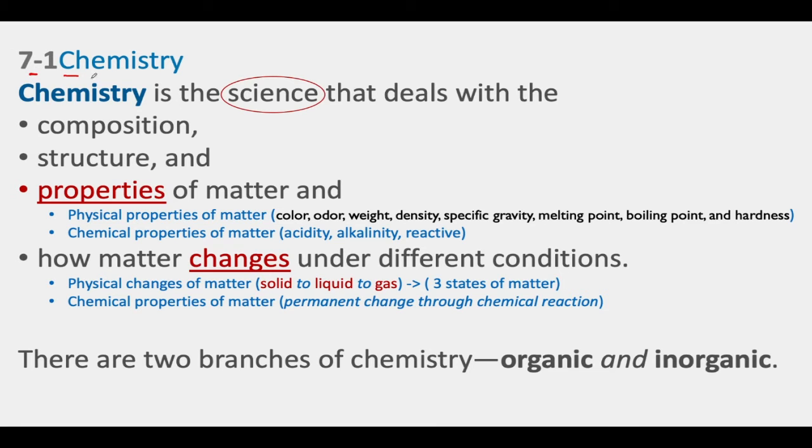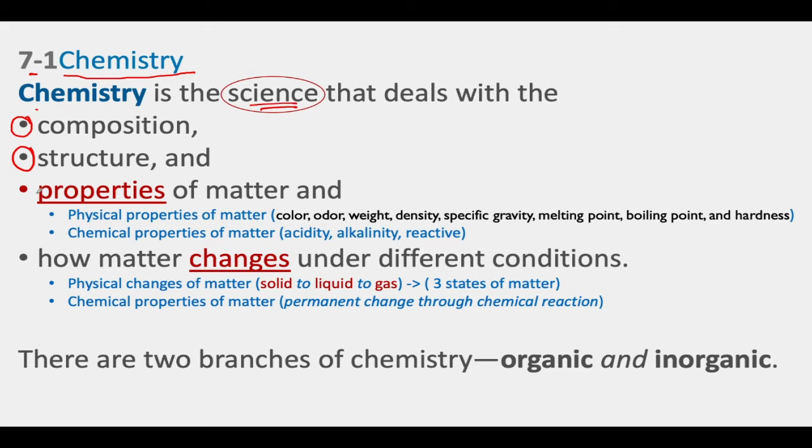7-1 talks about chemistry. So what is chemistry? This is the definition that is given. Chemistry is a science that deals with certain things: composition and structure, which we'll look at in passing, not in a really deep or profound way.